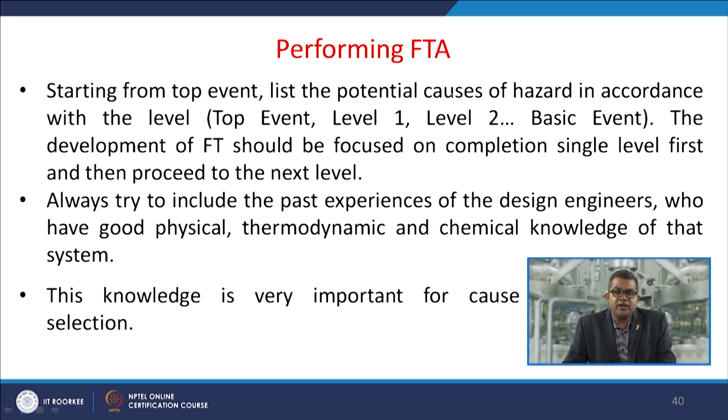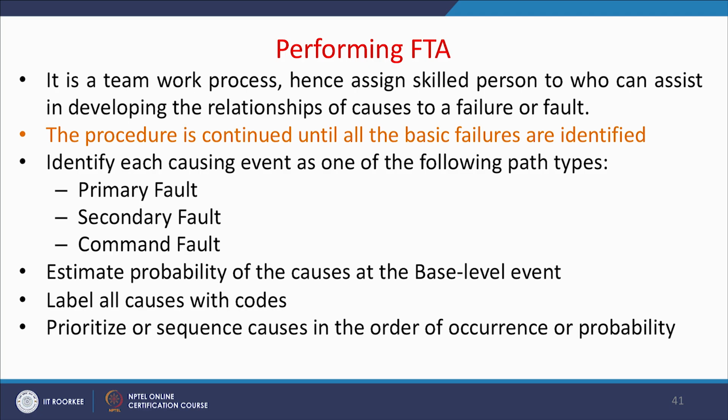So always try to include the past experience of design engineers who have good physical, thermodynamic or chemical engineering knowledge of that particular system. This knowledge is very crucial for cause selection. It is usually teamwork, hence assign a skilled person who can assist in developing the relationship of the cause to a failure or fault.